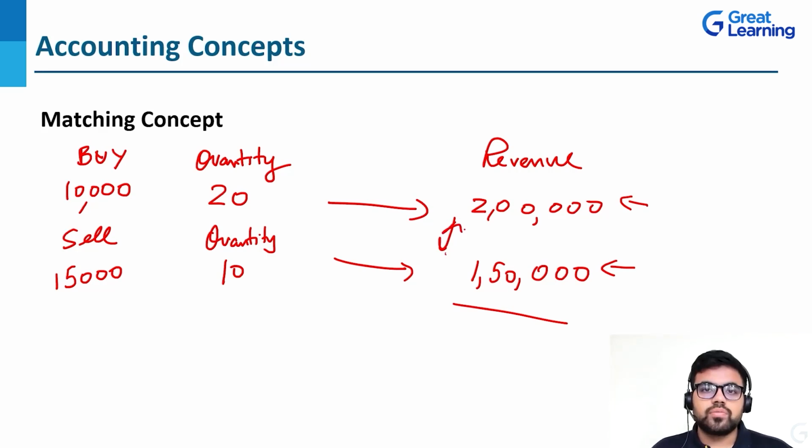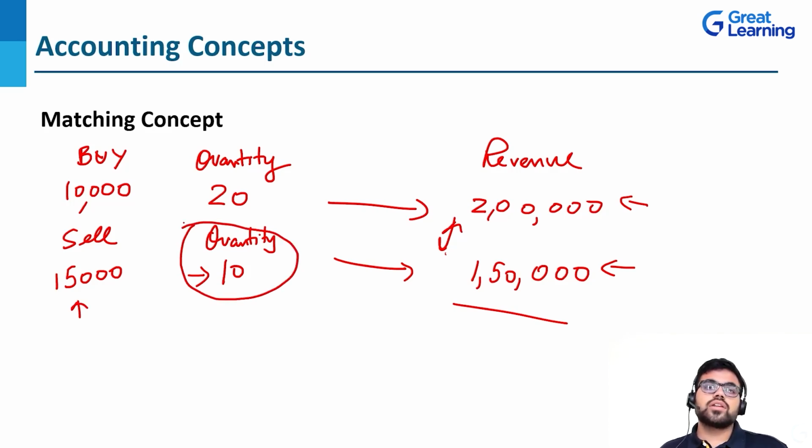But is it so? Now, the matching concept tells us that if you are looking at the revenue, then we need to first look at what is the cost incurred to gain that revenue, right? In this case, we only sold 10 units at 15,000 each. So what would be the cost incurred for these 10 units?